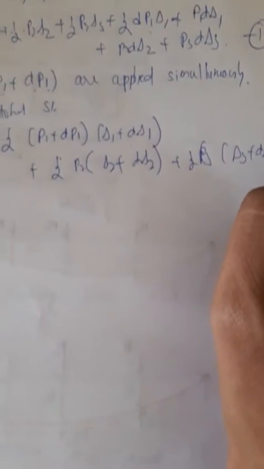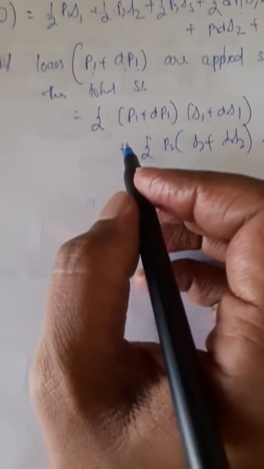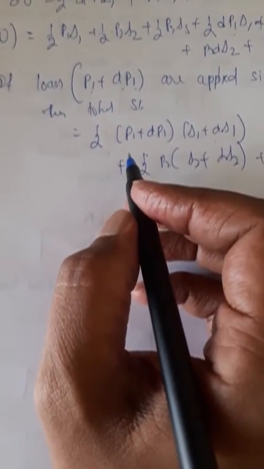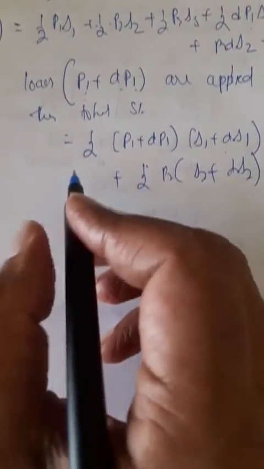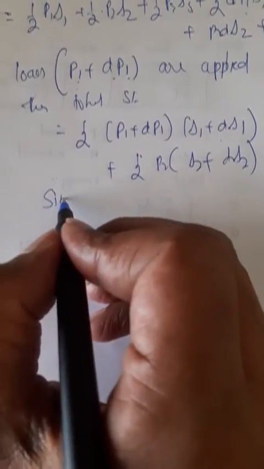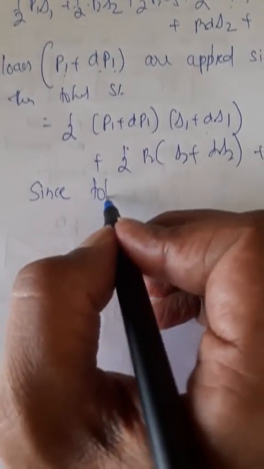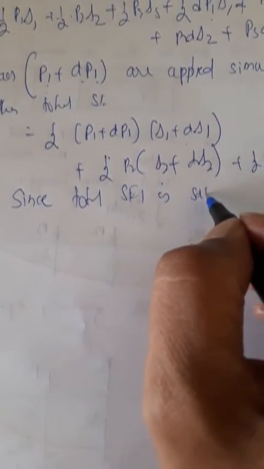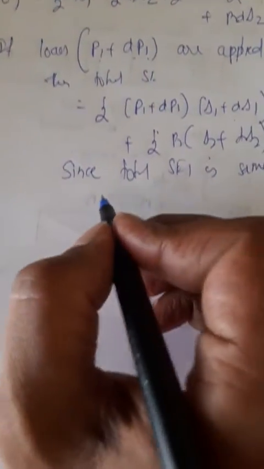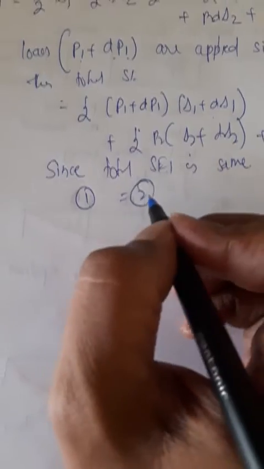Let this be equation 2. Since the total strain energy is the same, whether you apply the loads simultaneously or gradually, the final strain energy should be the same, so equating 1 and 2.